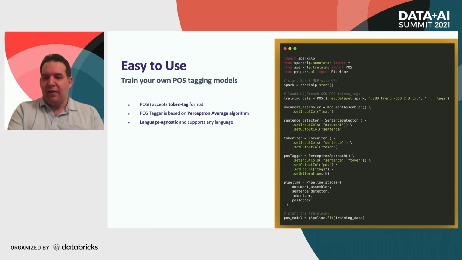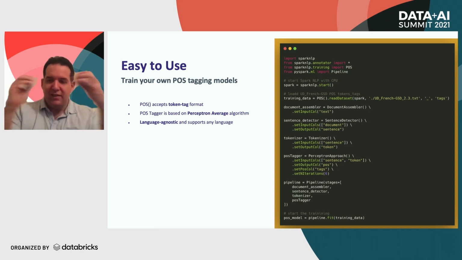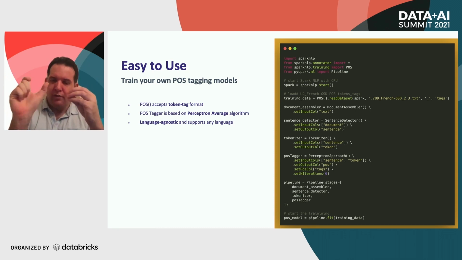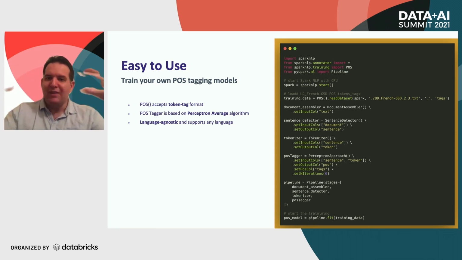And then the pipeline: we create a document with the document assembler. We use a sentence detector, so we split the text into sentences. Then we tokenize it, so we split each sentence into words. And then a POS tagger we train via the perceptron approach. We tell it the input columns are the sentence and the tokens, because to detect part of speech, you need to know what the word is, but of course the word within context.